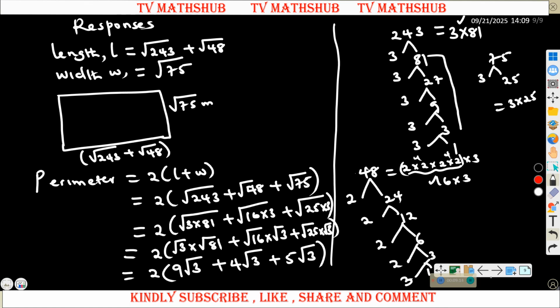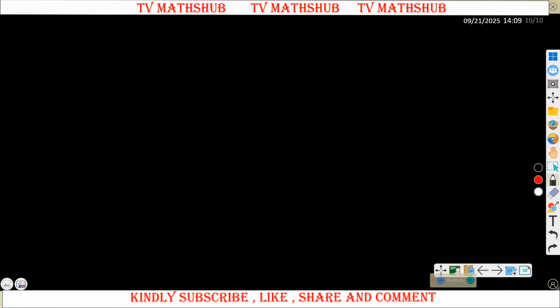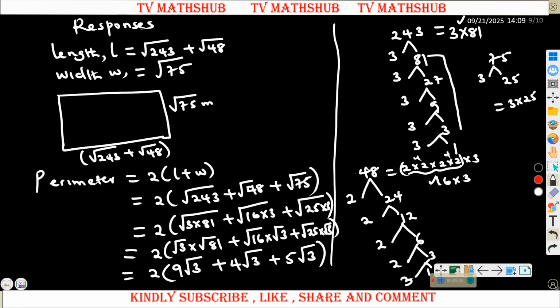So from here, we shall have the perimeter to be 2 into, this is root of 3, root of 3, root of 3. So root of 3 is common. So what we shall do is to add these coefficients 9, 4, and 5.